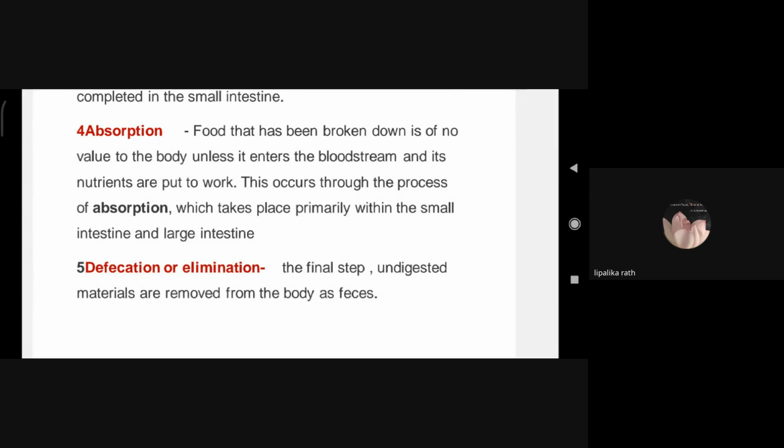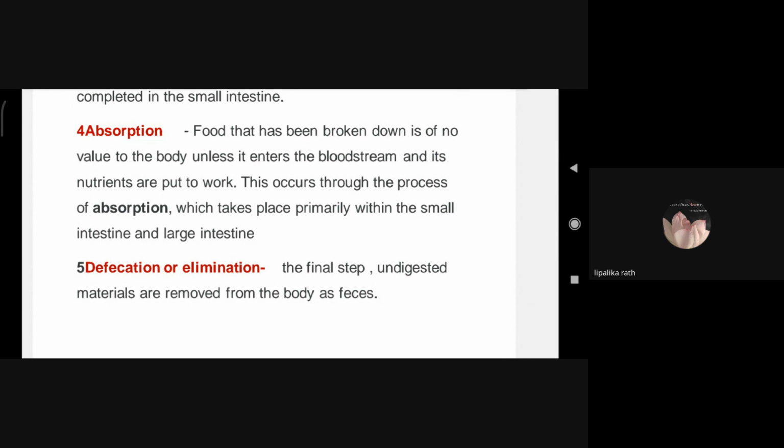If it has been digested completely but has not entered the bloodstream, it does not have any value, right? When it enters the bloodstream and reaches each and every necessary cell of the body, then it has its value, right?